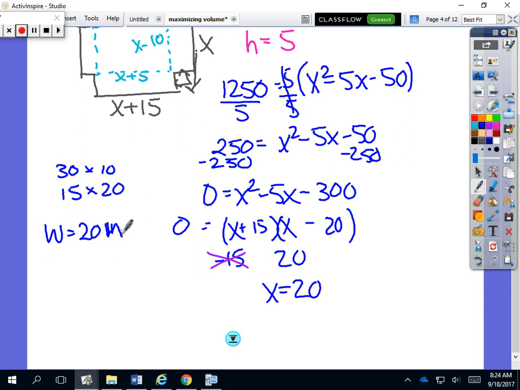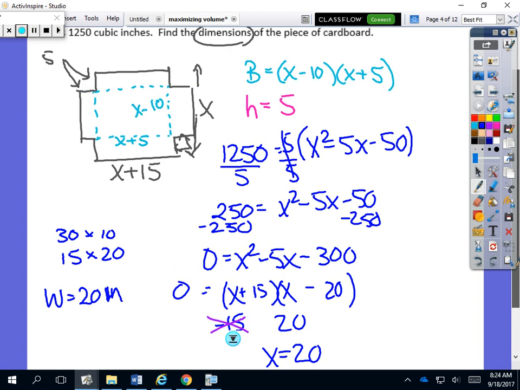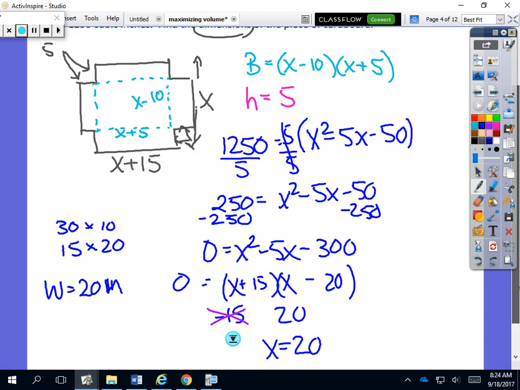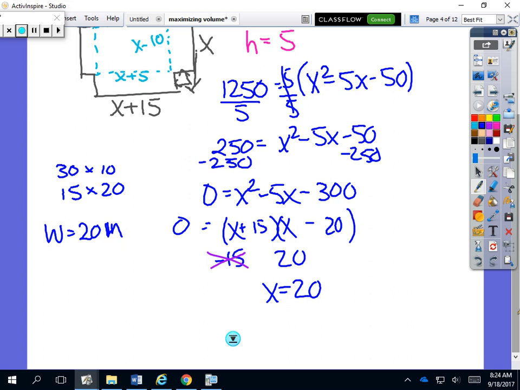How do I get the length? Well, is it asking for dimensions of the box or of the cardboard? Cardboard. We want the dimensions of the cardboard. So x plus 15. So the length is 20 plus 15, or 35 inches. Those are the dimensions of the piece of cardboard.